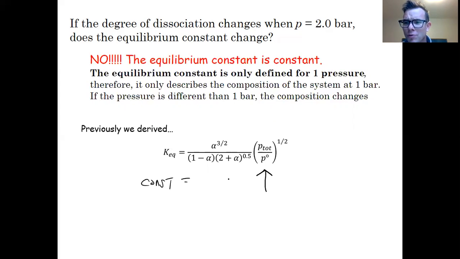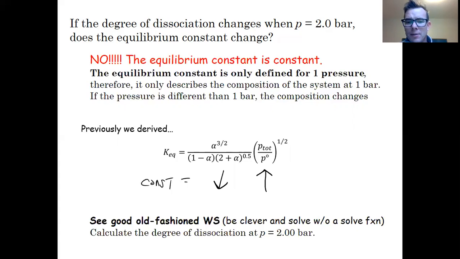And if that's true, the only way that can work is this quantity decreases. That is, the extent of dissociation decreases. It shifts towards the reactants. The whole reason this works is because the equilibrium constant is a constant. If this changed, we'd be screwed.